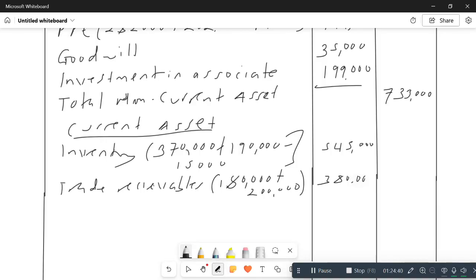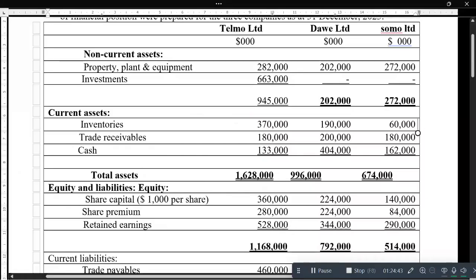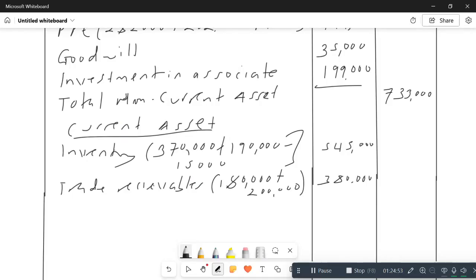Good. Another item there we are consolidating is cash. Parent has 133 and Dawei Limited subsidiary has 404. Under cash we have 133,000 plus 404, and our final answer will be 537,000.